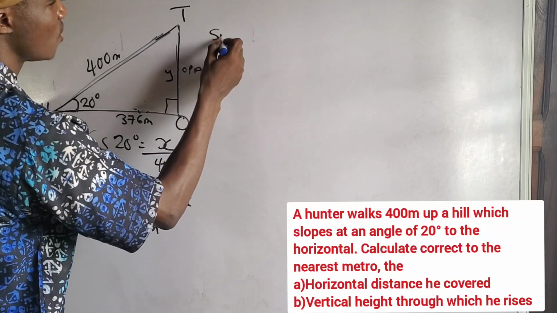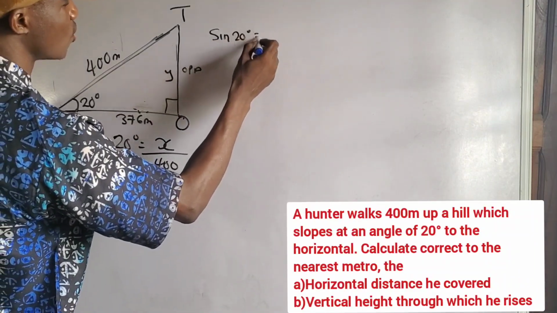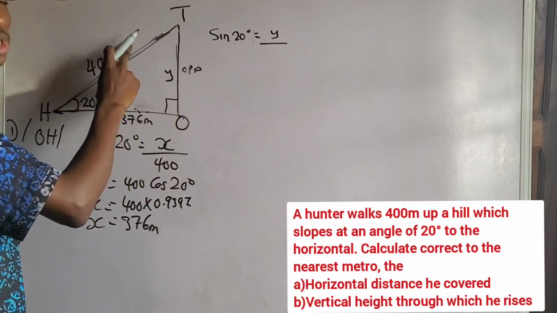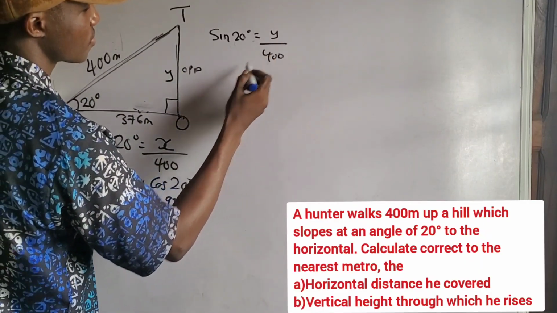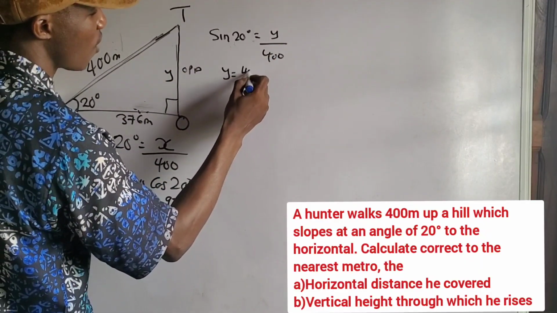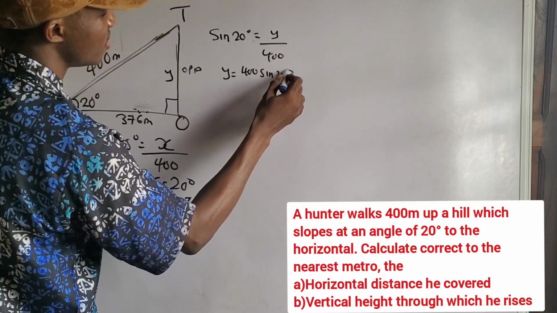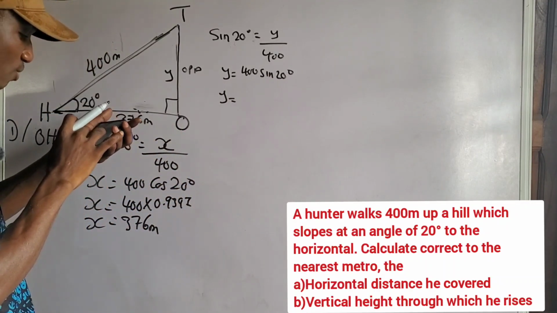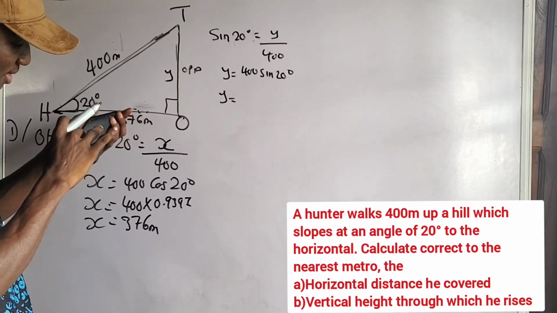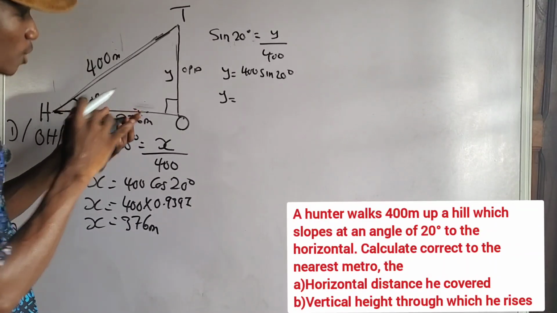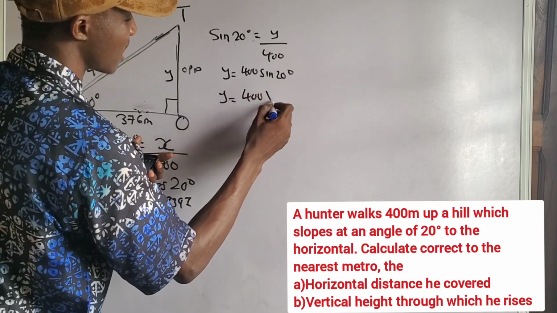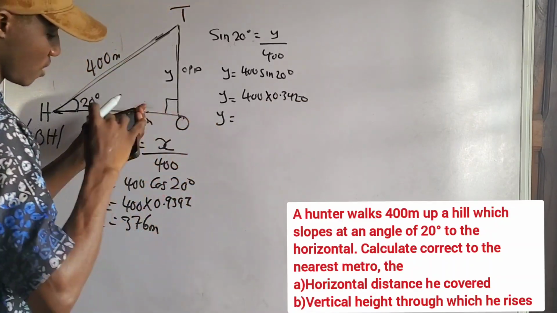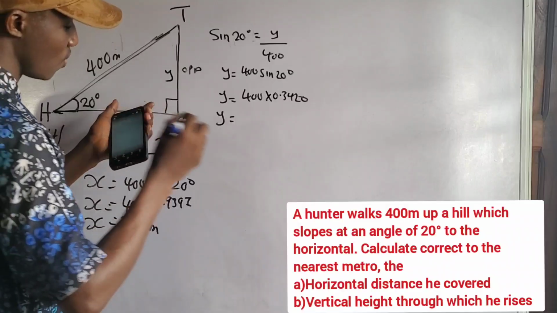So the sine of the angle that we are given, 20 degrees, equals the opposite, y, all over the hypotenuse, which is 400. So y equals 400 sine 20 degrees. Sine 20 degrees is 0.3420. 400 times 0.3420. y equals 137 meters.